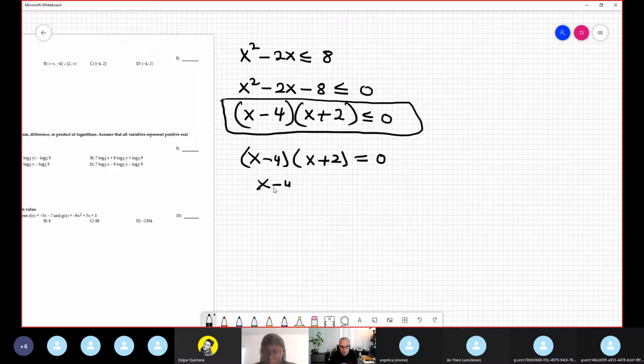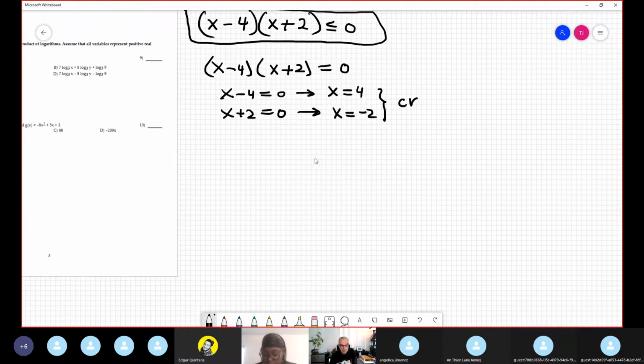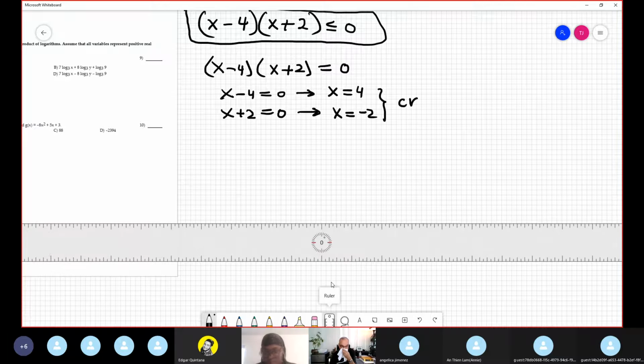So obviously x minus 4 equals 0, x equals 4. And x plus 2 equals 0 is negative 2. This is our critical value in this problem. And I'm using this critical value to make a partition of the all real number line.